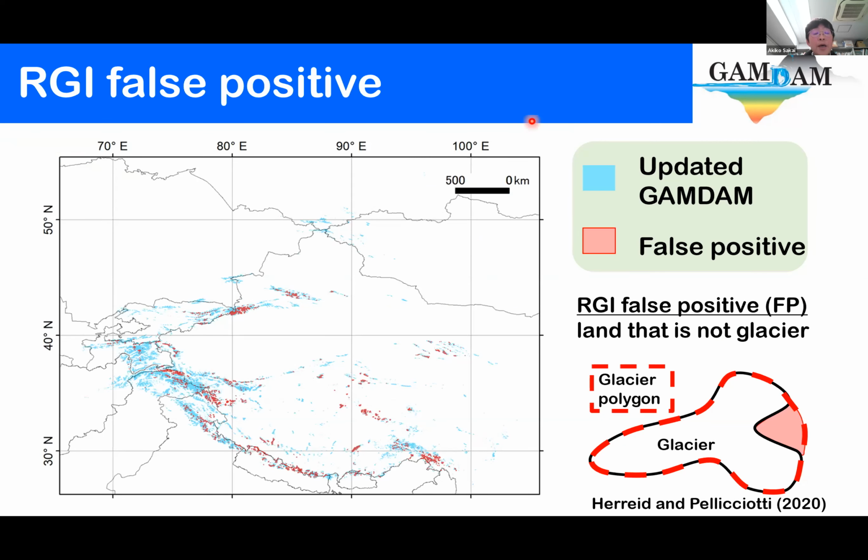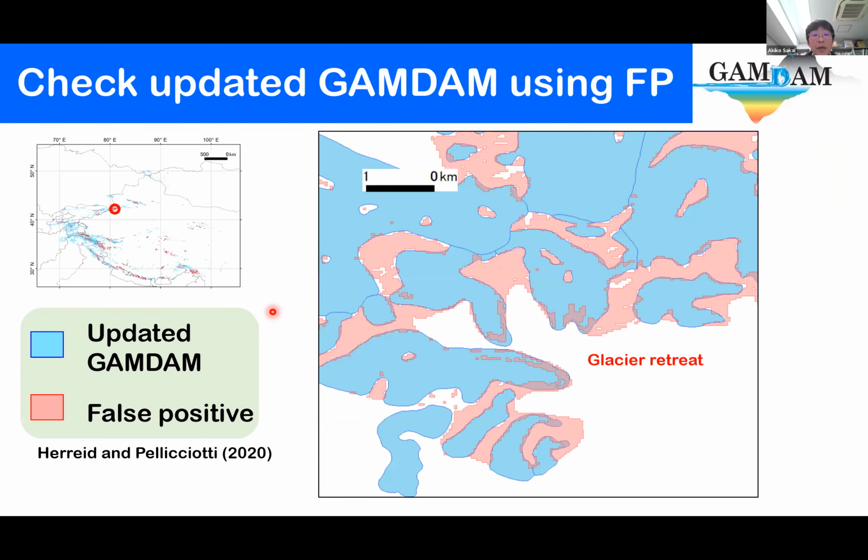So this figure is the false negative generated by Herreid, the red one, plotted on the updated GAMDAM glacier inventory. In this area, false positive polygons are gathering, so next I'll check. Here is a detail of Tianshan.